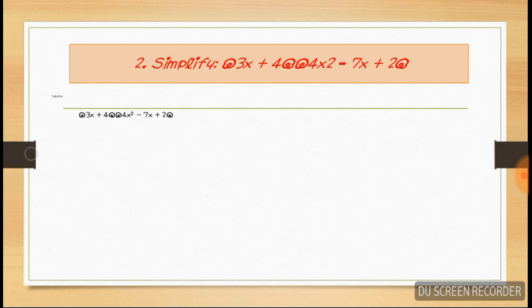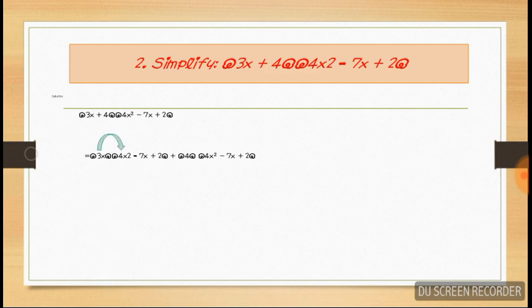As we apply the distribution method, since there are two terms in our first quantity, we will apply the distribution method twice. So that would become 3x times the quantity 4x squared minus 7x plus 2, then 4 times the quantity 4x squared minus 7x plus 2.